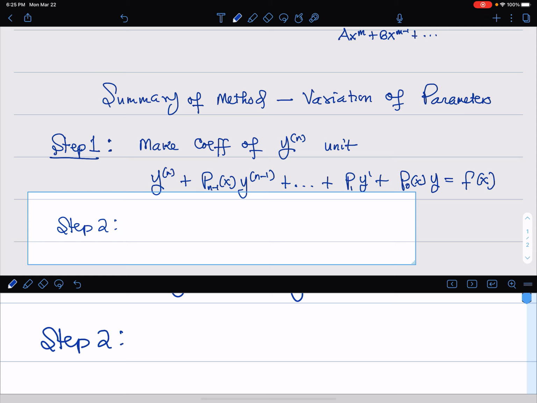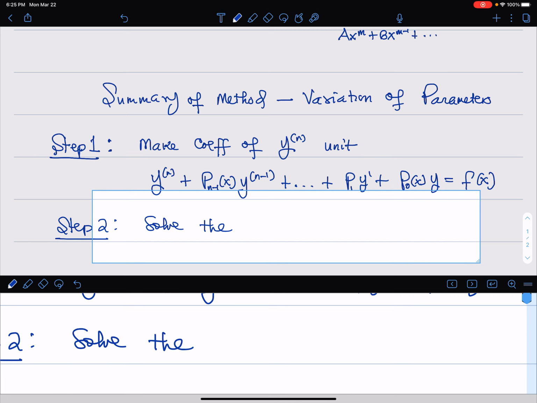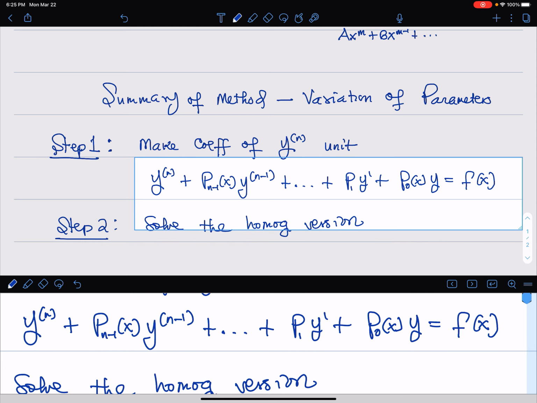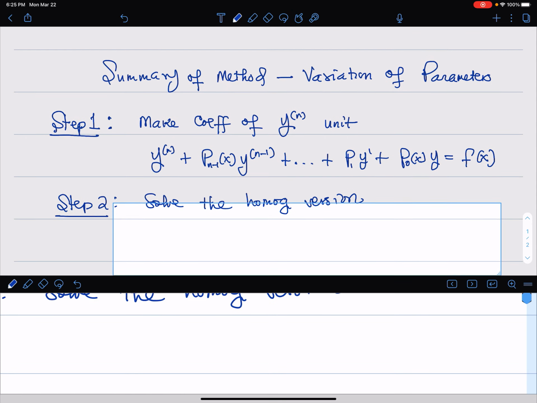Step 2 would be to solve the homogeneous version of this equation. The homogeneous version is to just make f of x 0 and then solve the equation.